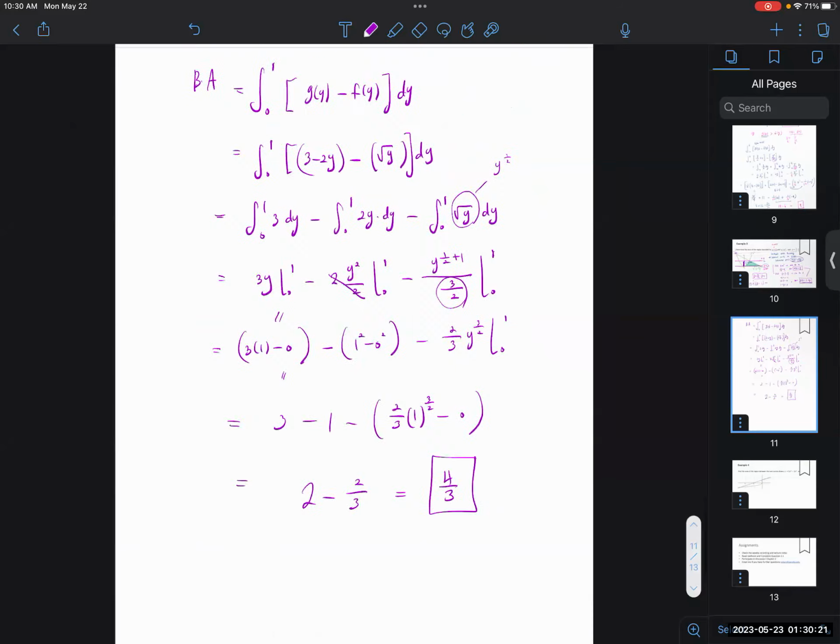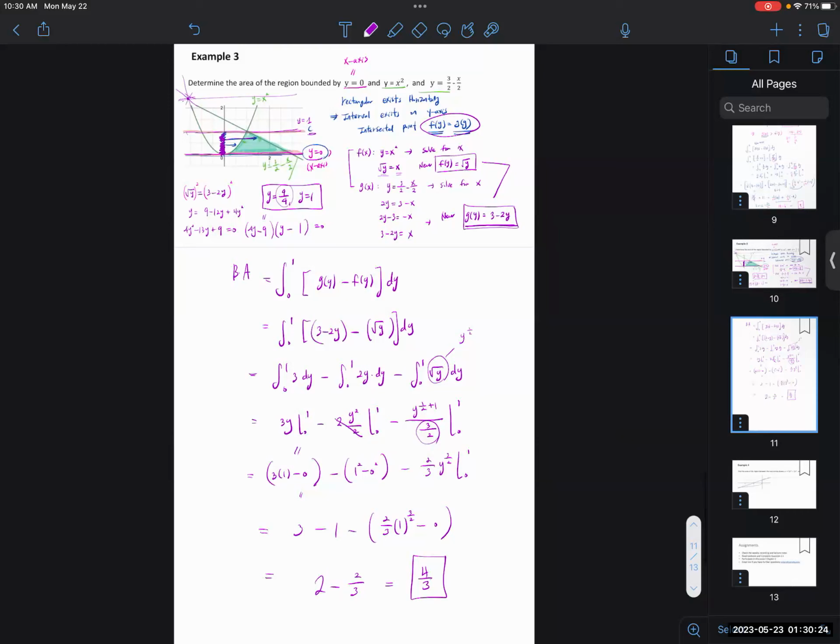Okay, so again, in this video we practiced estimating the area between two or three functions, specifically when your interval exists on the y-axis, so whatever the variable is should be expressed in terms of y. So we modify the given f of x and g of x to f of y and g of y so that you can find the area.